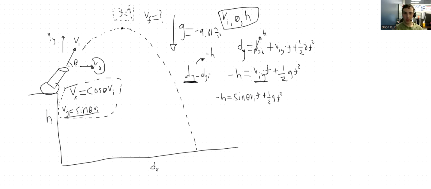So let's do this. We have negative h equals, let's factor out the t, and then we have sine theta vi plus 1/2 gt.